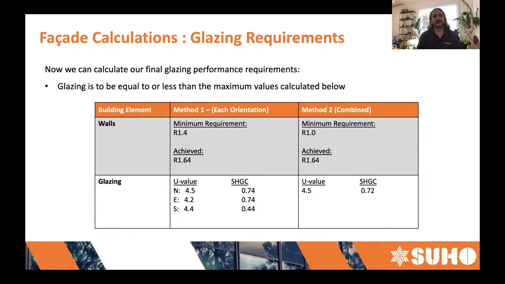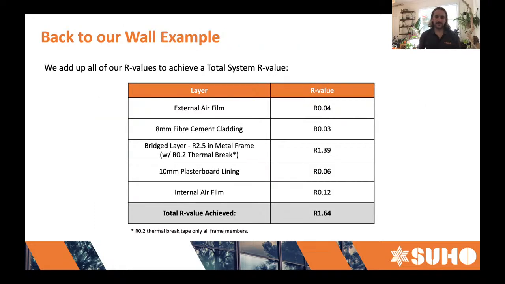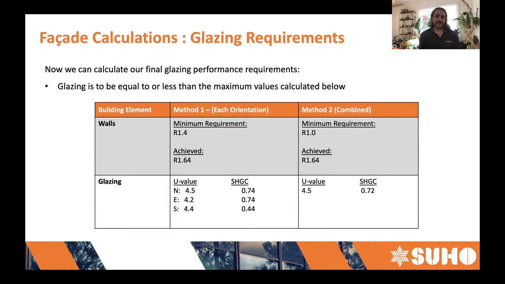So that brought us to the end of the wall calculation. That achieved 1.64, and now we can add it back into our facade calculation for the glazing requirements. The way we've set up our calculator is to give us the maximum requirements for the glazing, so we factor in both method 1 and method 2.